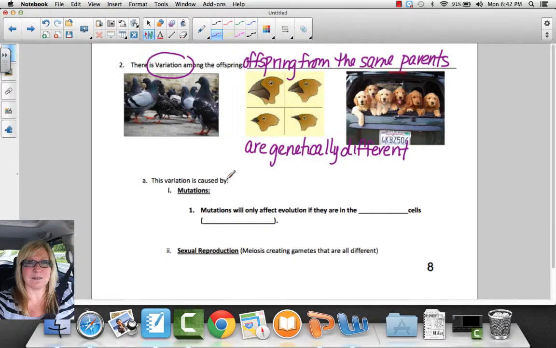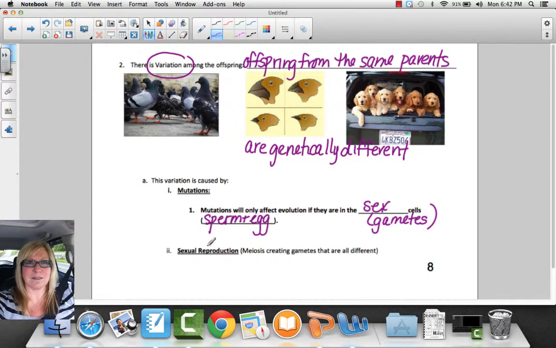This variation is caused by a couple of things. One is mutations, which we just learned about in the last unit. They will only affect evolution if they are in the sex cells. Remember, another word for sex cells is gametes. So they have to be in the sperm and egg in order to be passed on. Also, sexual reproduction. You know that meiosis creates gametes that are all different.